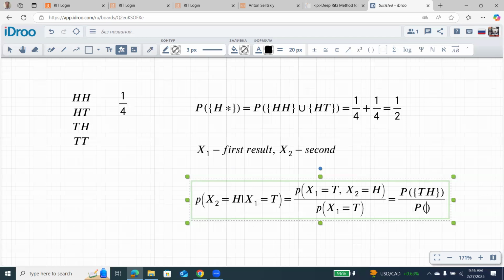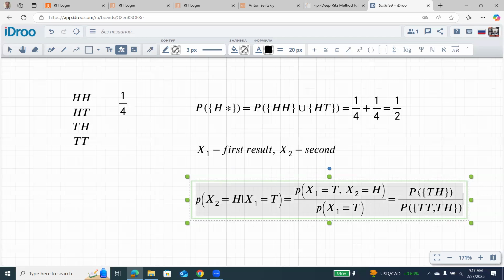Yes, and two options. Yeah, so you're right. So it will be either TT or TH.